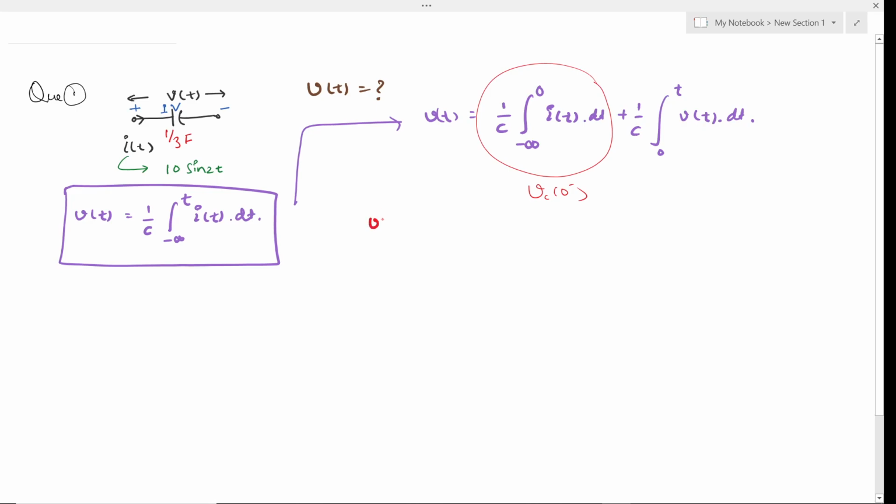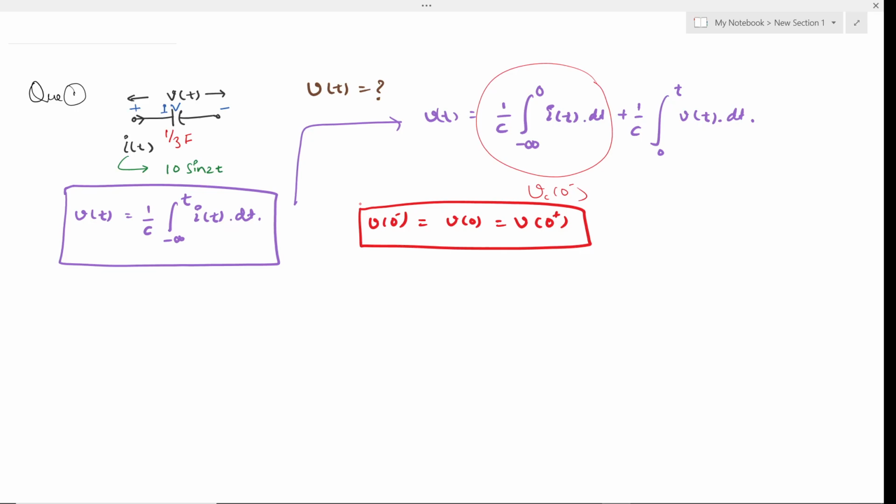So v(0 minus) will be equal to v(0), which will be equal to v(0 plus). While solving problems related to capacitors, you need to be careful about this.